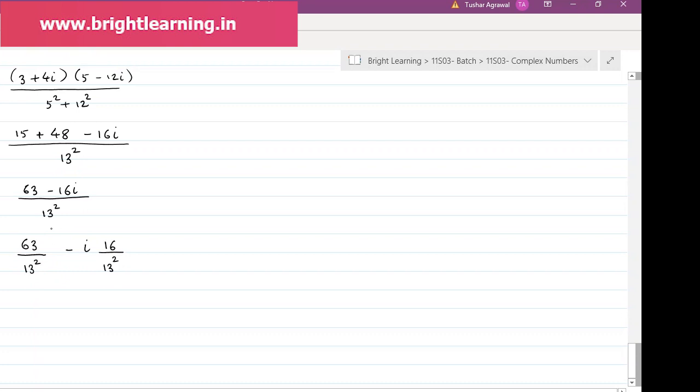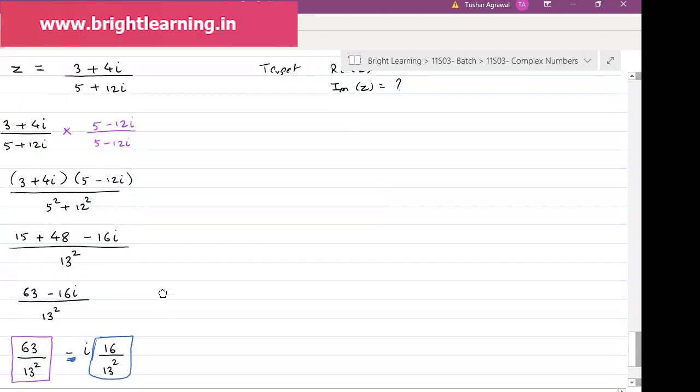So this is my real part, 63 upon 13 square, and negative 16 upon 13 square is my imaginary part.